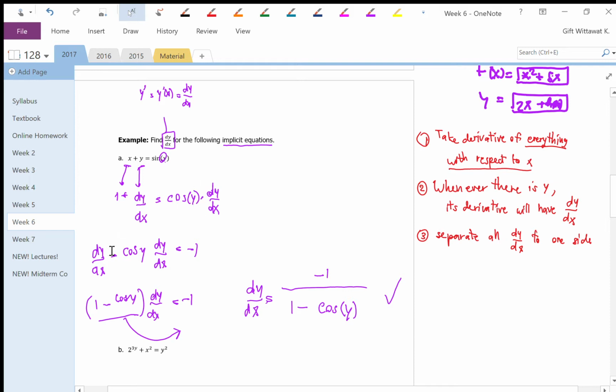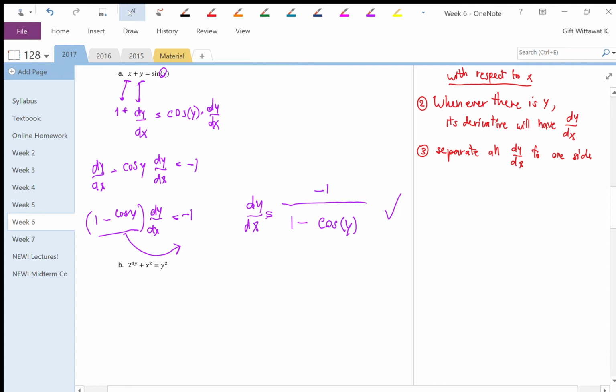You separate dy by dx to one side, like what I do here. Once you do that, you pull out the common factor dy by dx, and then you divide by whatever is left to the other side. So you end up having dy by dx equal to your answer.